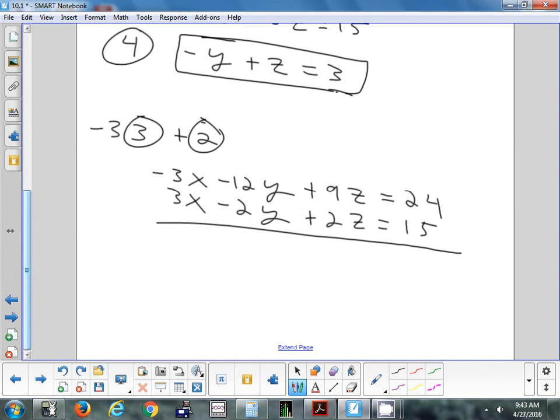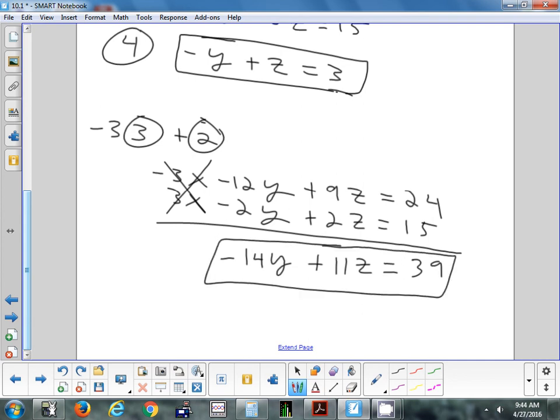Okay, what cancels out there? 3x's. Yep. And my y's become negative 14, good. Negative 14y plus 11z equals 39. Good.